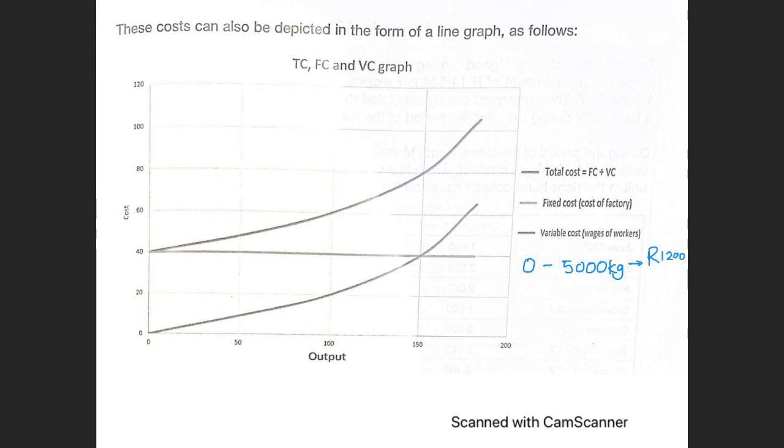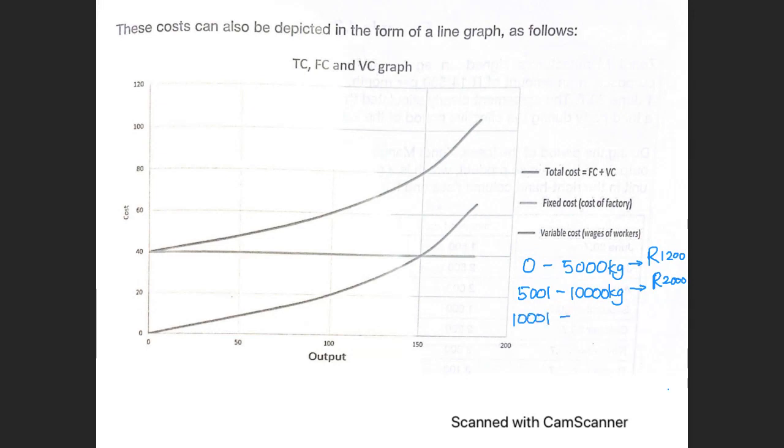Then if the amount of material being carried goes between 5,001 kgs and 10,000 kgs, the cost is going to increase, and it would now be, let's suppose, 2,000 rand.